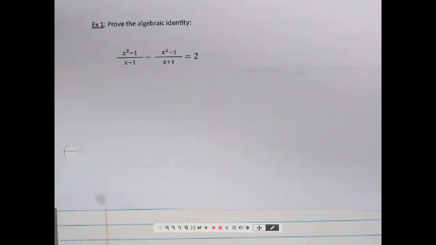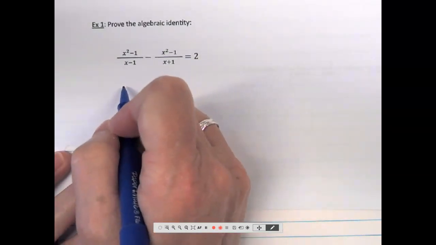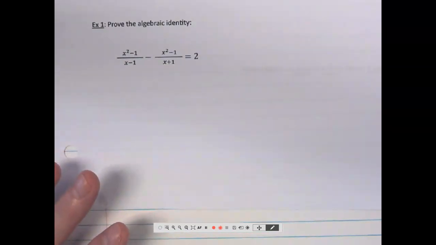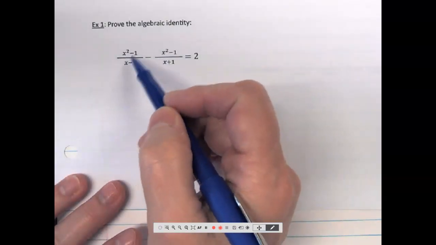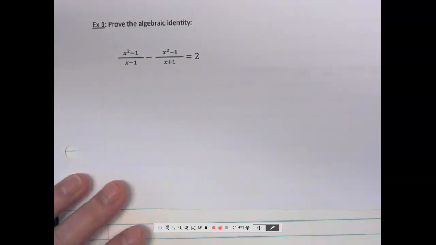What can I do to simplify the left-hand side? Get common denominators. Okay, the denominator would need to have x minus 1 and x plus 1 in it. So, actually I see some other option. Do y'all see anything? And don't tell me you're going to cancel some x's and 1's. Factor.